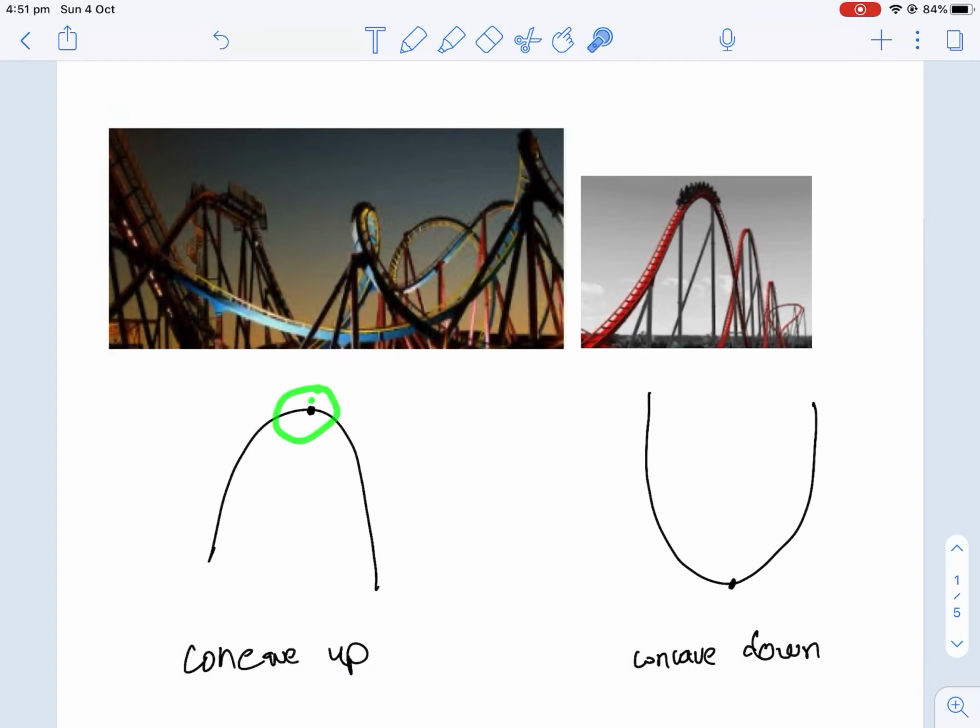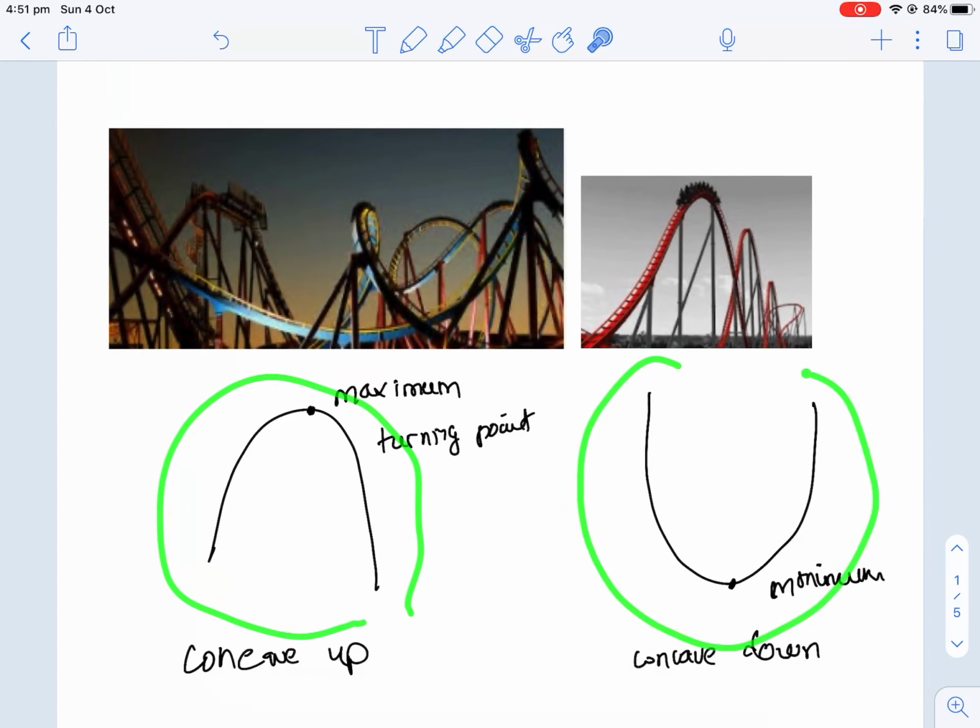I say minimum parabola or maximum parabola, because with this shape, the value of the turning point is maximum, so it's a maximum turning point. And the value of the turning point of this shape here is the minimum. So there are two main shapes, maximum or minimum.